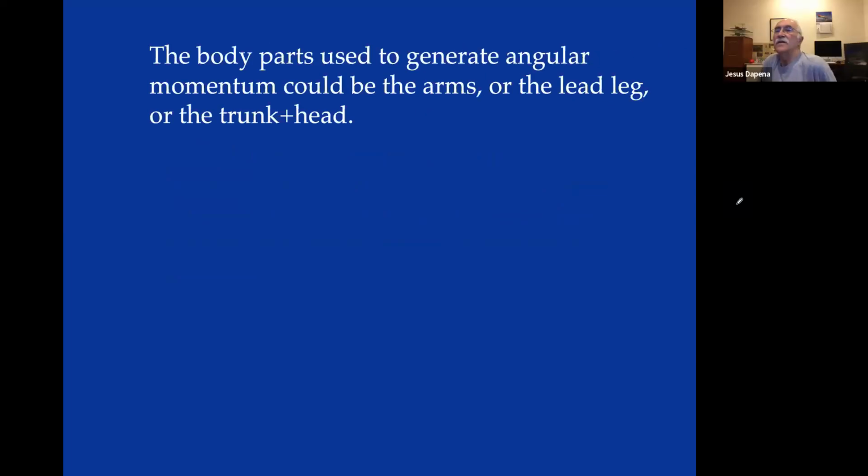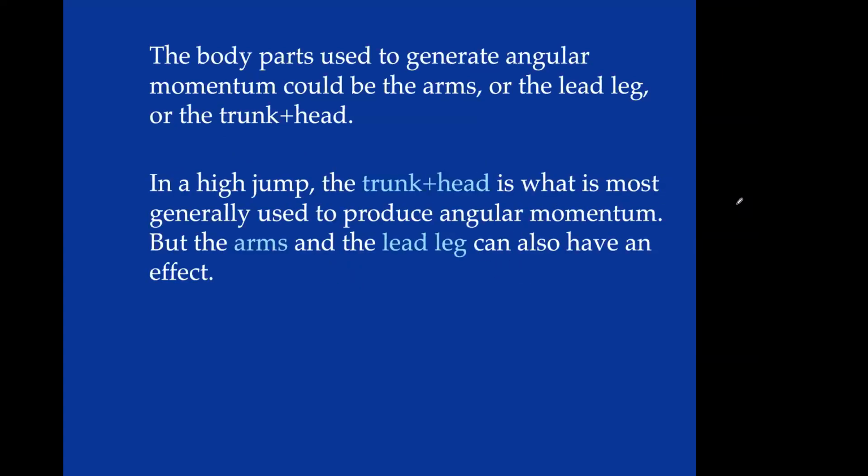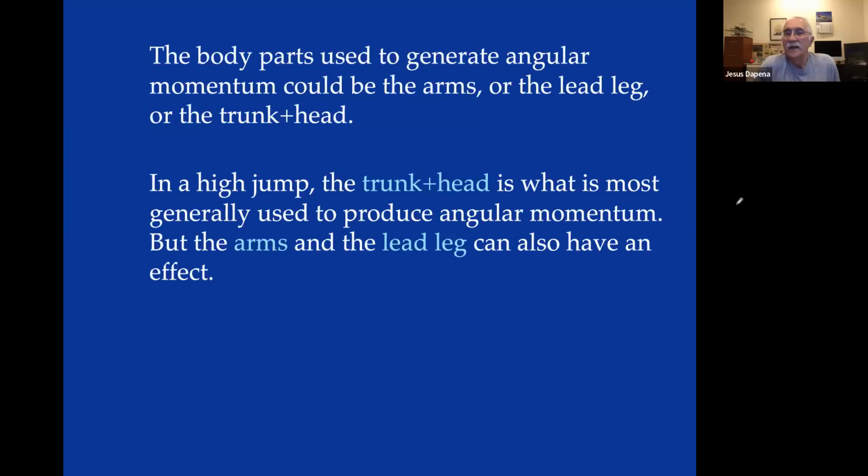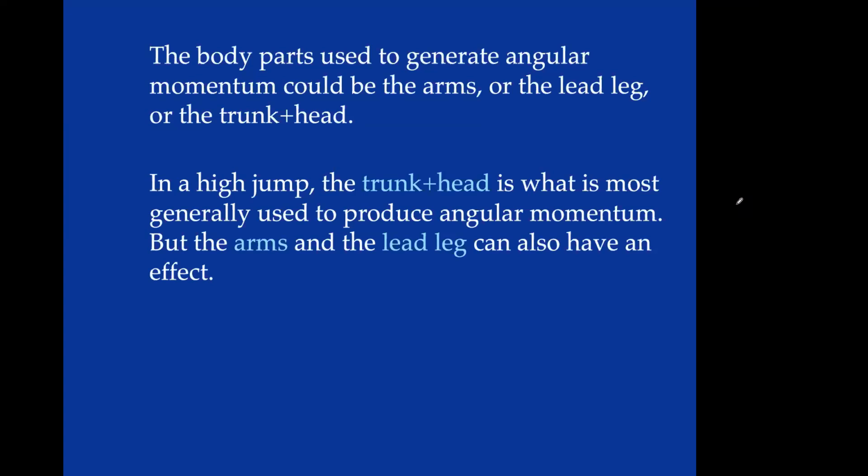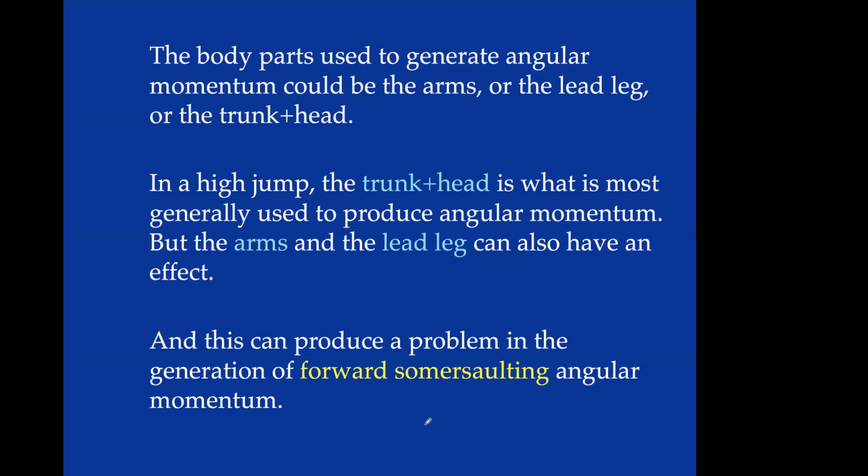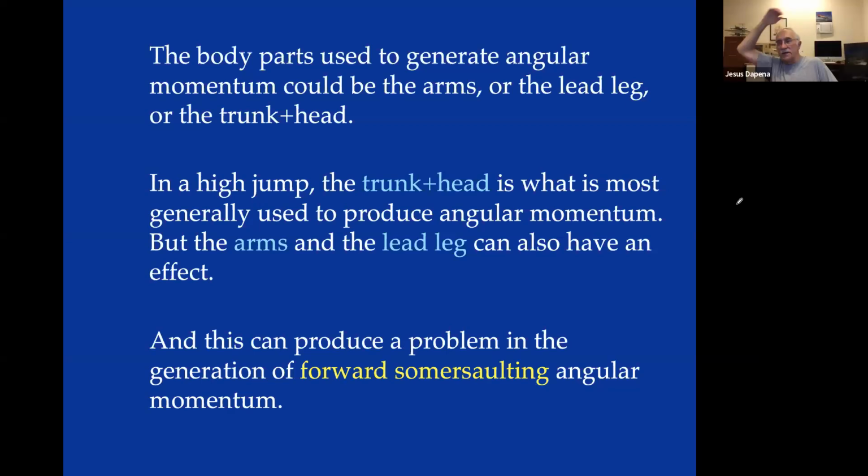The body parts used to generate the angular momentum could be the arms, or the lead leg, or the trunk and head. In high jumping, the trunk and head is what is most generally used, but the arms and the lead leg can also have an effect. And this can produce a problem in the generation of forward somersaulting angular momentum.